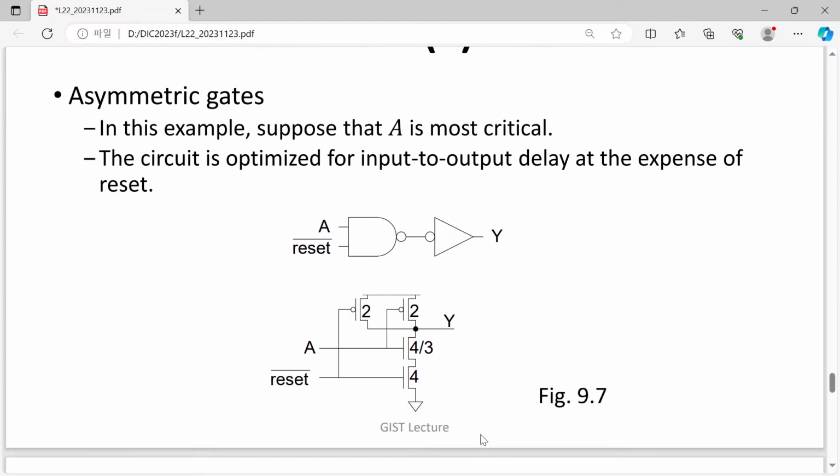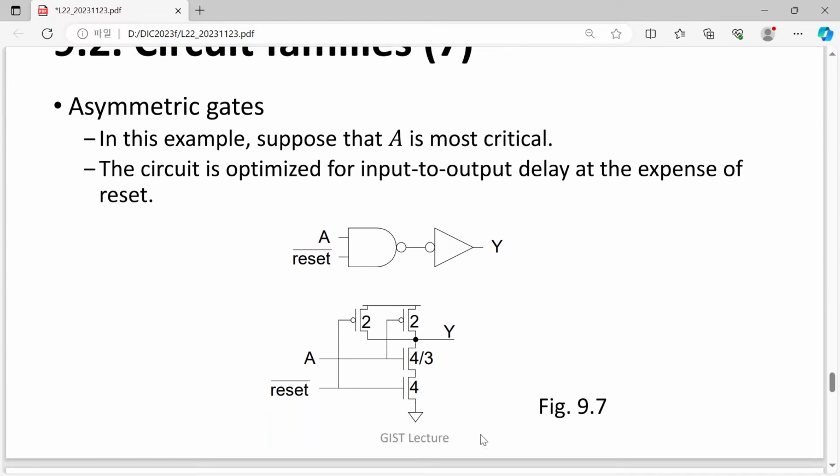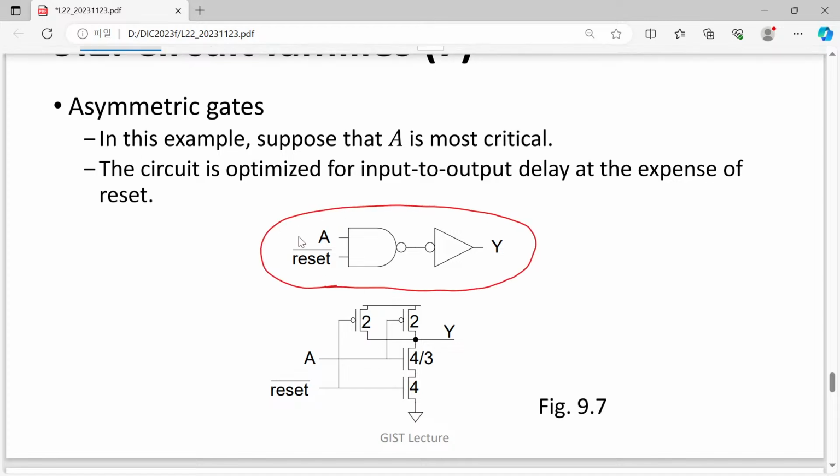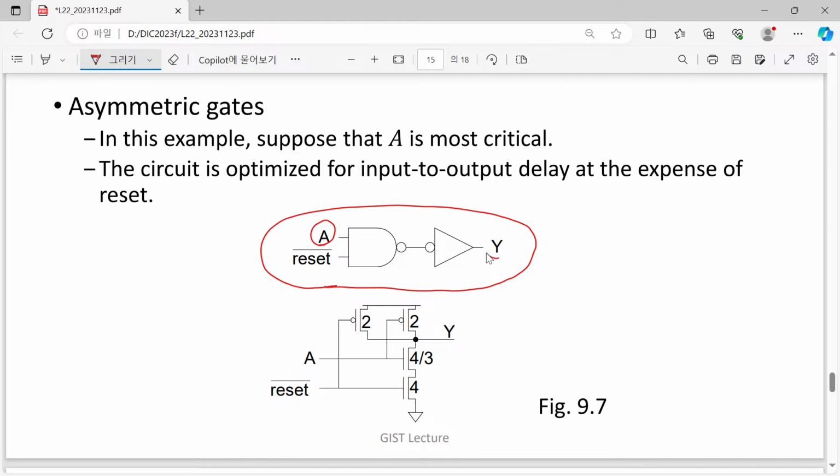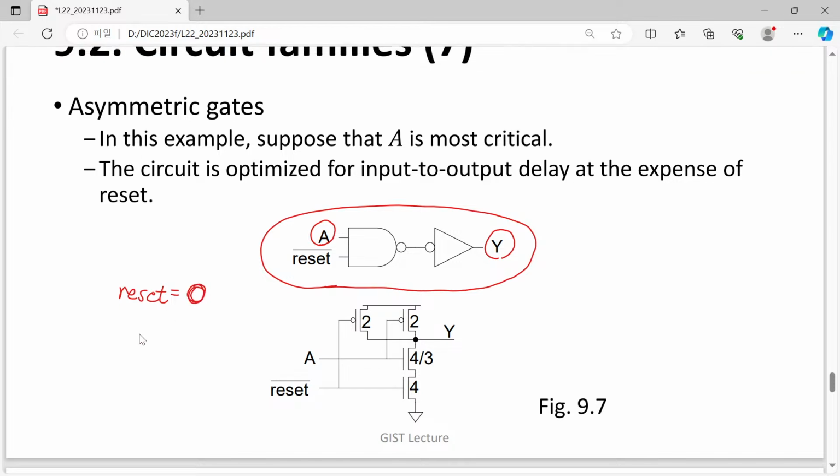Now let's think about this one. I think this is well understood once we understand the asymmetry between our two inputs. For example, let's say that we want to have this case. Here we have A and B. However, once we have reset equal to 0, then this NAND is just working as an inverter.